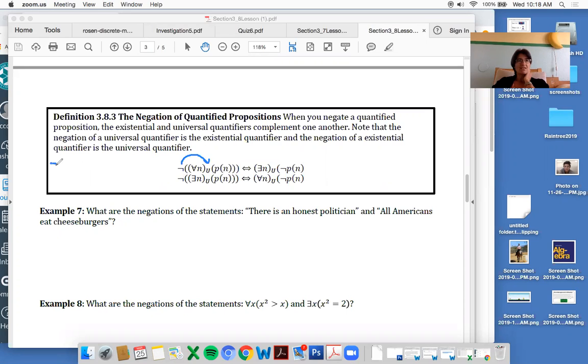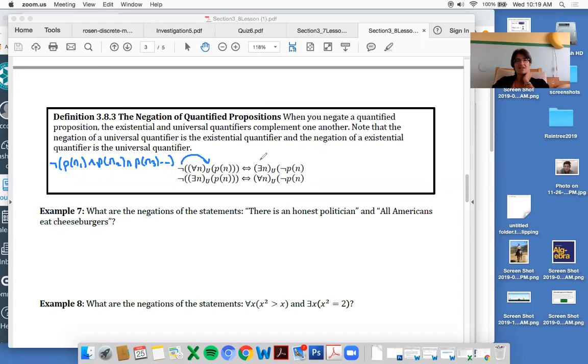Remember the universal quantifier was saying that the proposition is true for n1 and for n2 and for n3 and for all the n in the universe, right? So basically this is expanding it out. De Morgan's law says that to distribute the negation, the ands are going to change into ors.